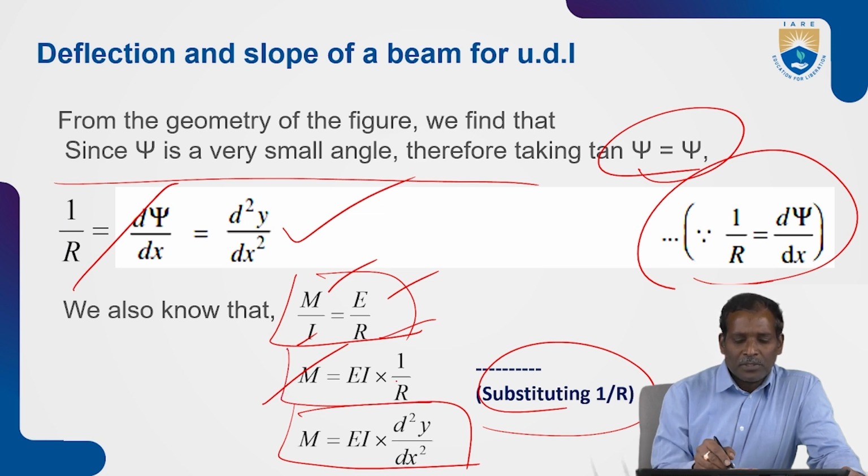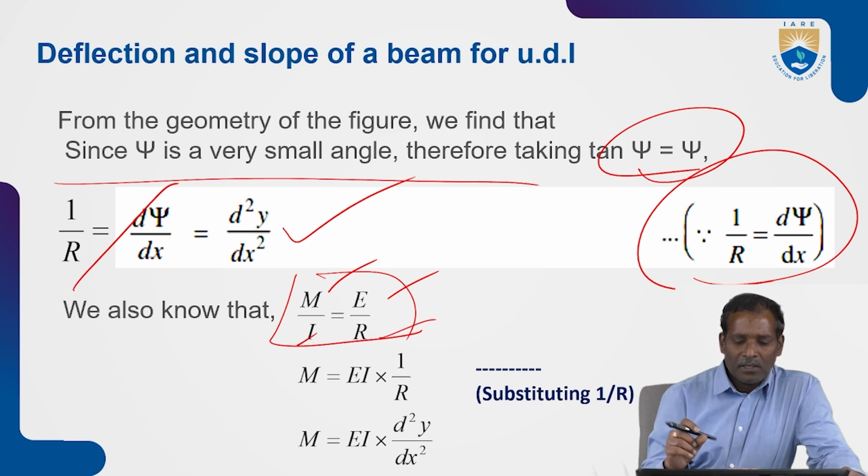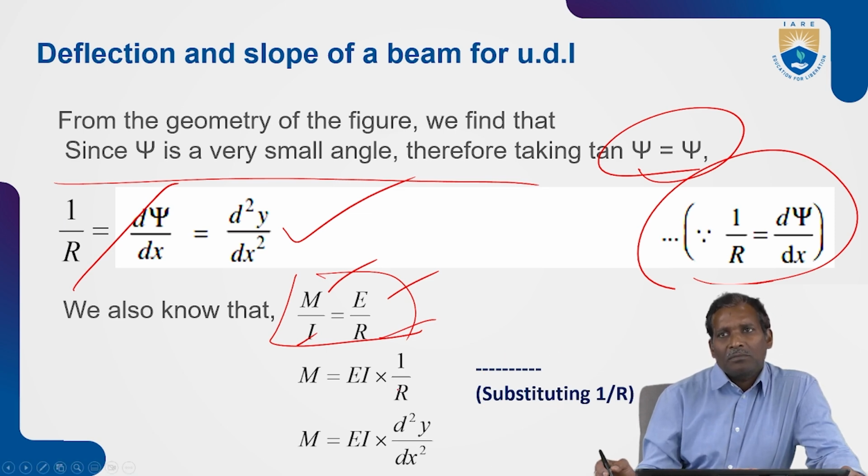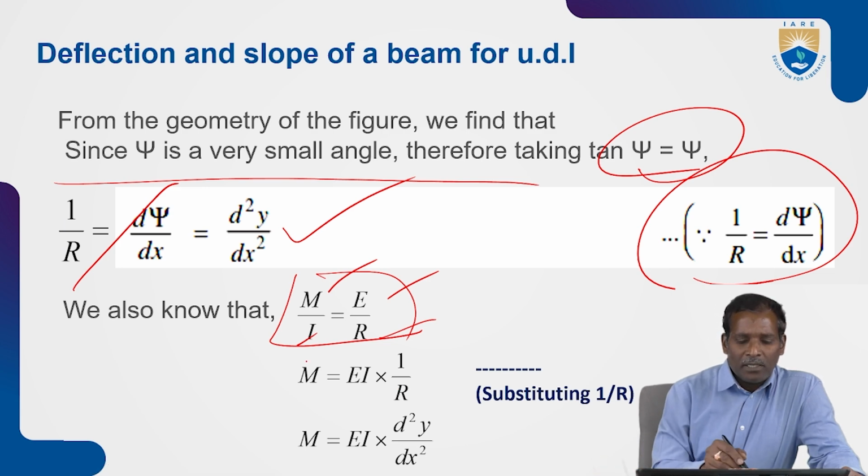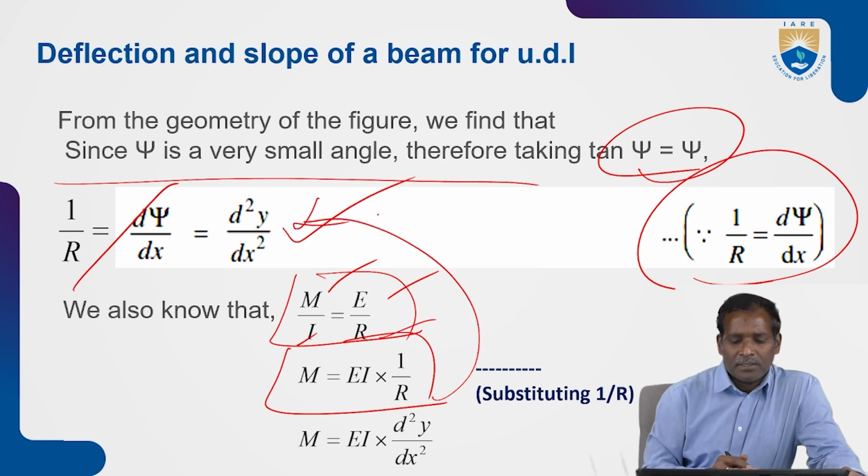So M is equal to EI into 1 by R. Now substitute in place of 1 by R, d square y by dx square.